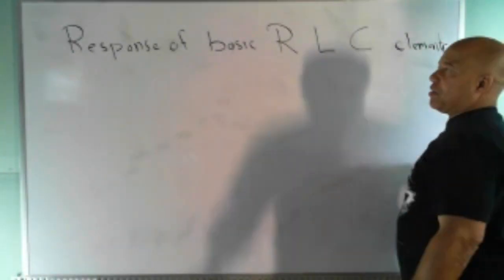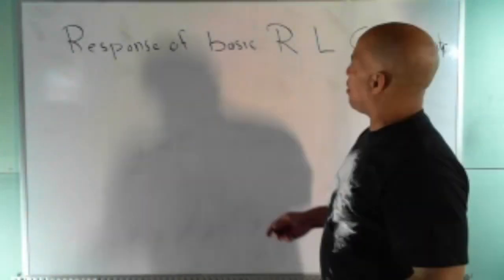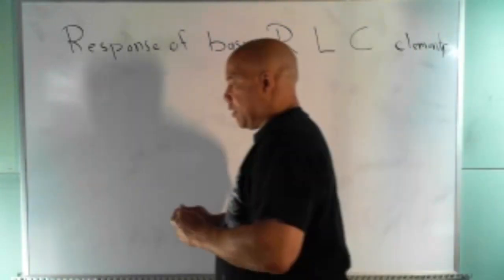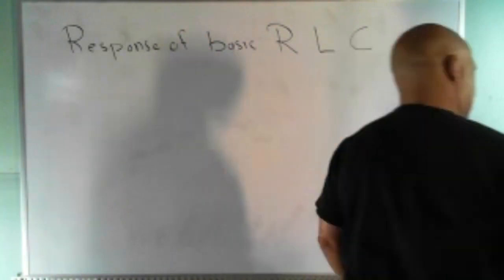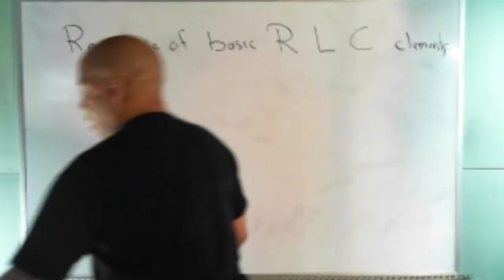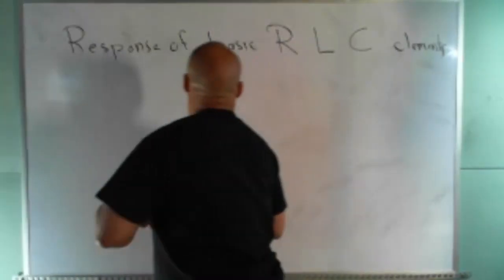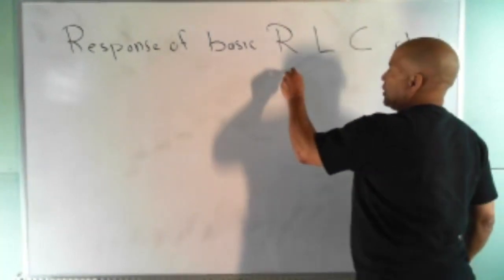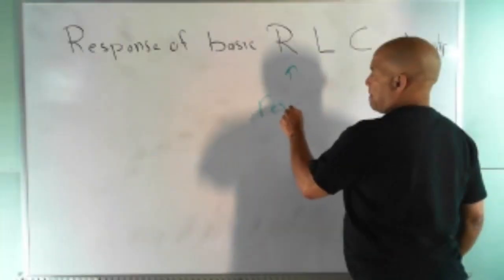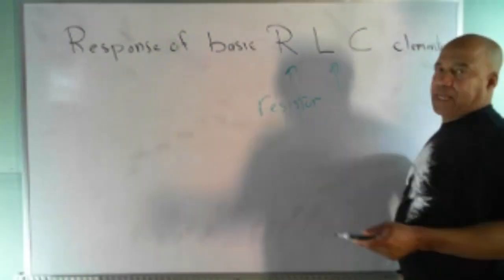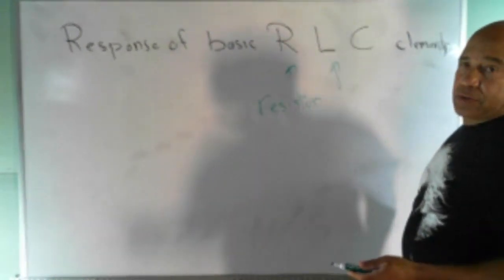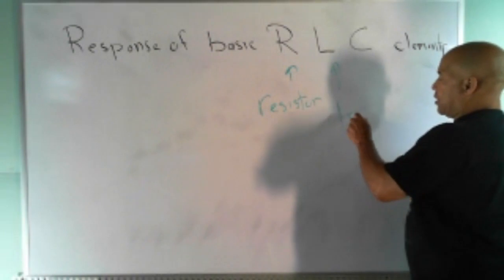And what does that mean, the response of basic R, L, C elements? Well, you know what the R, the L, and the C mean from before, from DC. R is a resistor. L, we didn't do a whole lot with inductors, but you know L is an inductor.